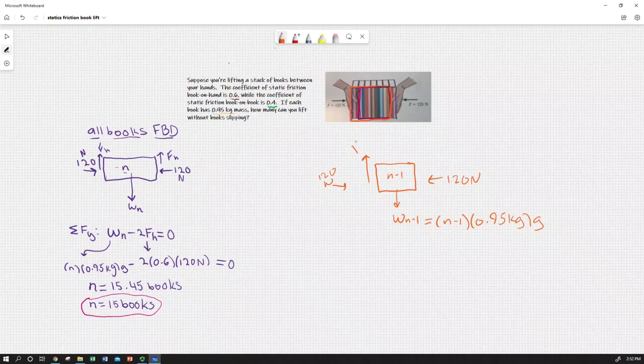And I have a frictional force book on hand on one side, and I have a frictional force book on the other. So if I write my equation of equilibrium in the y direction, I would have to say frictional force of book on hand minus the frictional force of book on book. I'll make those positive. Minus n minus 1 times mg for short, equals 0.